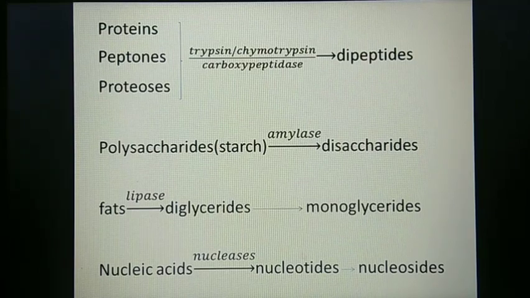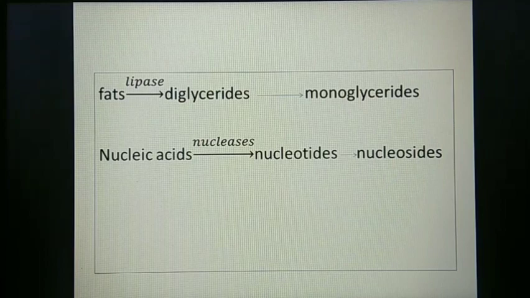So with the help of pancreatic juice, nucleic acids will be broken down into nucleotides, and in turn into nucleosides. Nucleic acids are DNA and RNA, deoxyribonucleic acid and ribonucleic acid. These are the genetic material, and they will be broken down into their simplest forms. Next, monoglycerides, nucleic acids, nucleosides, same thing.